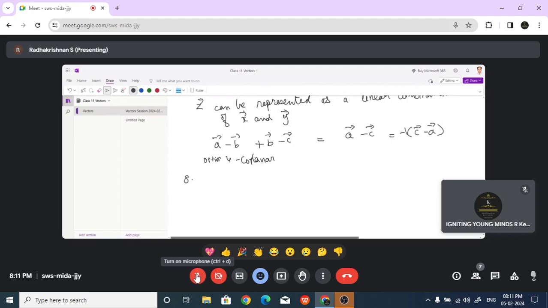ABCD is a parallelogram. Then AB plus AD plus CB plus CD.